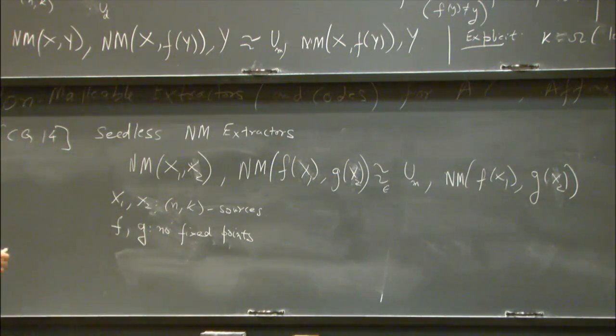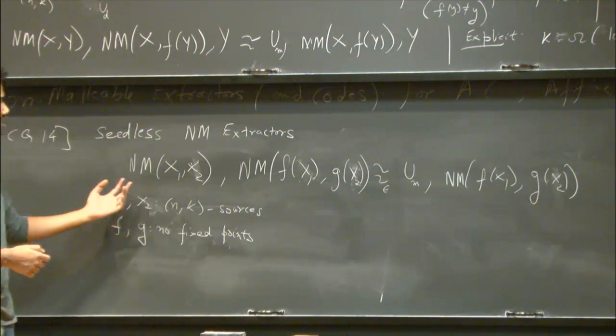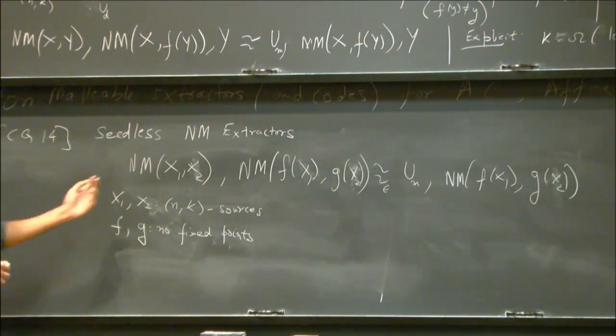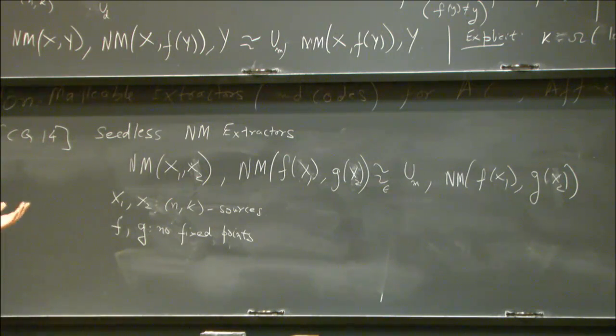It turns out that it's really tricky to construct these things, even when x1 and x2 are uniform. So if all we know about f is that f has no fixed points, why use nmExt of f of y as an input at all?